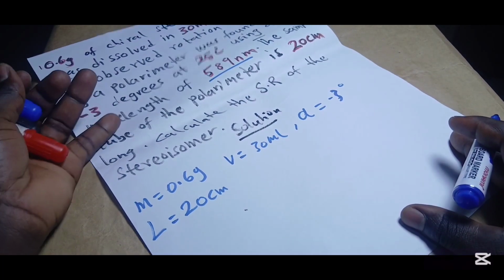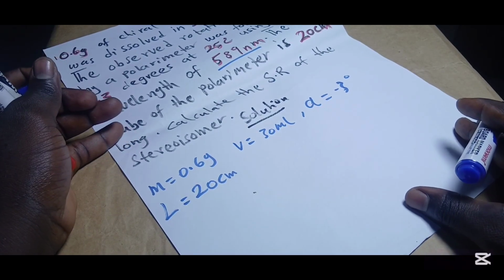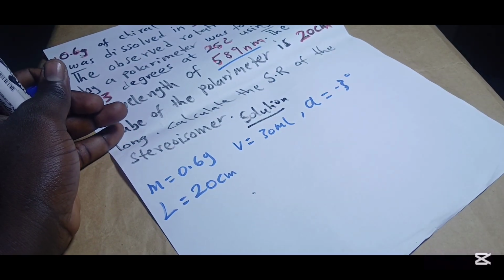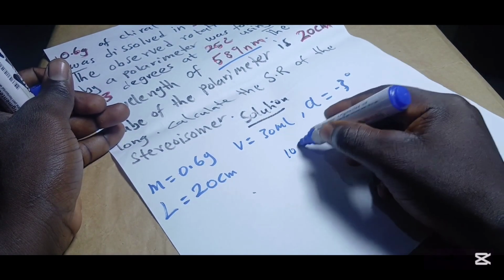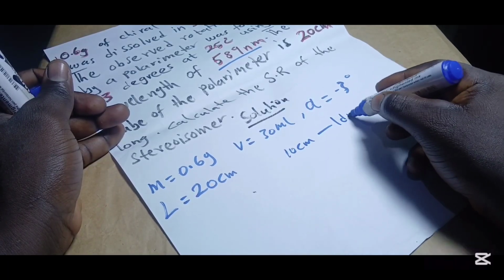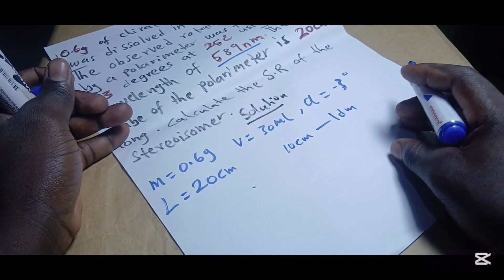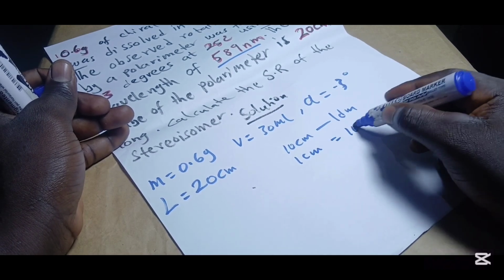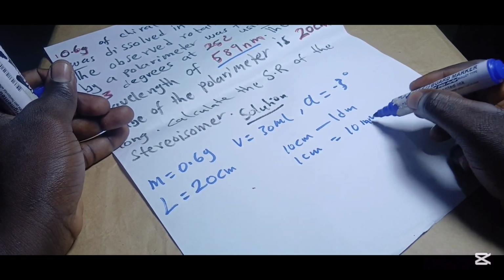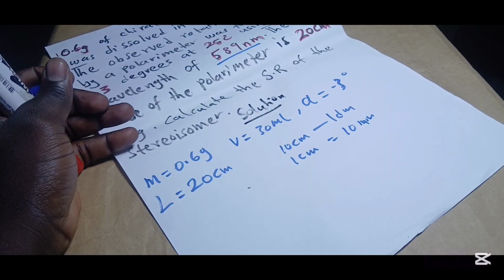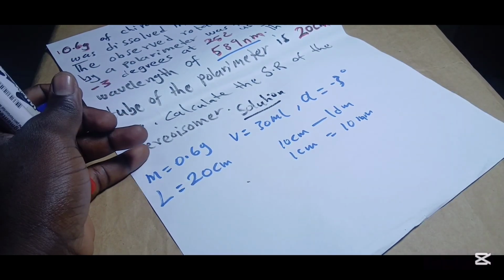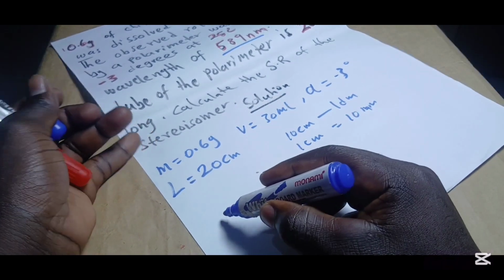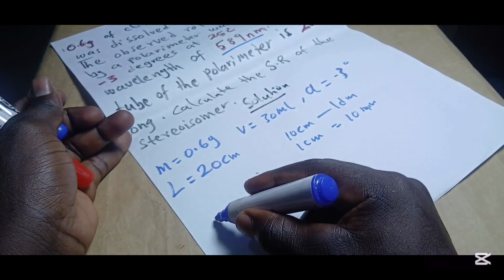Are there some conventions that we need to make? So 10 centimeters equal 1 decimeter, and 1 centimeter equal 10 millimeters. We should know this convention. The formula for the calculation, we have to calculate the specific rotation.